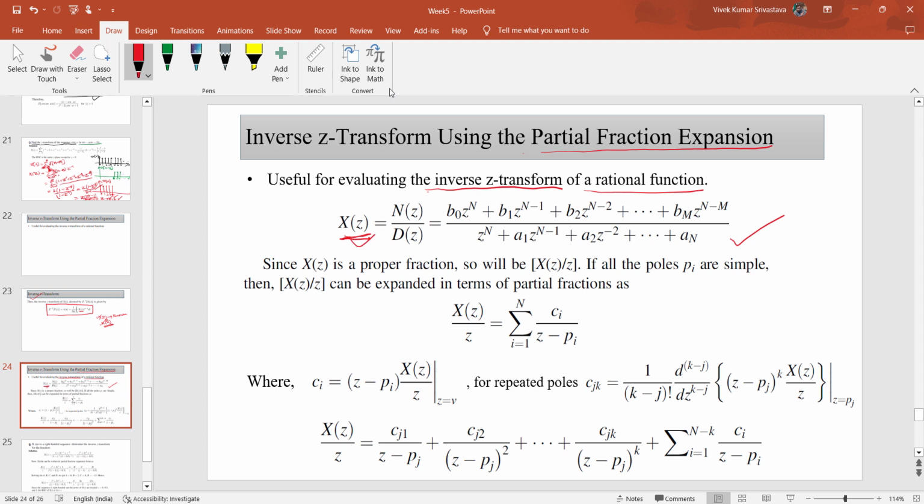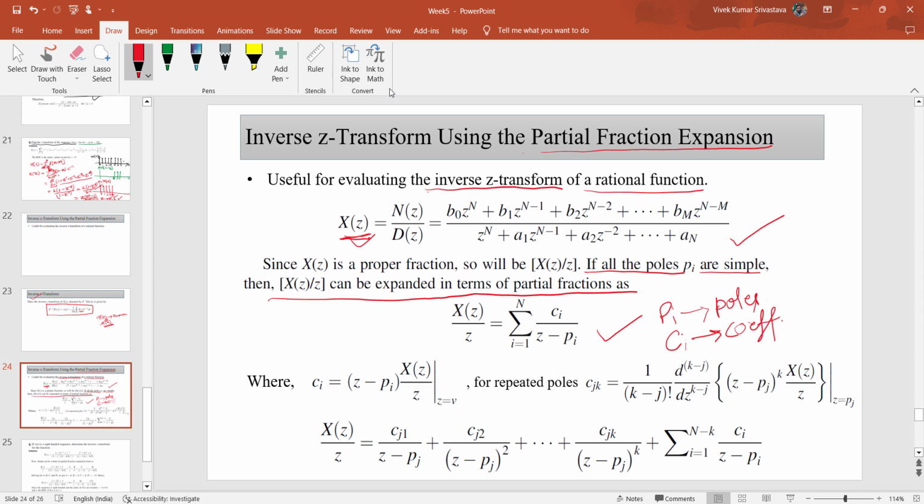Now we will first try to evaluate the poles. Corresponding to all poles, we will expand this in terms of partial fractions. Once you evaluate this, you will get this expression. Basically, pi are the poles and ci are the coefficients.